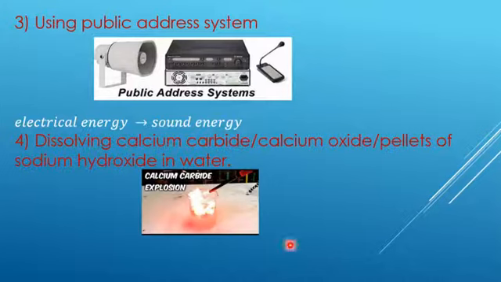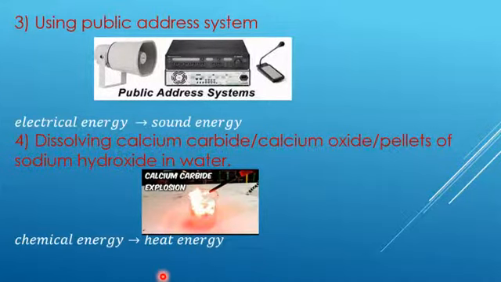Okay, now let's check. Before we put the energy transformation, this is an example. This is a beaker containing water into which the calcium carbide has been dropped. There will be a violent reaction, and a little spark will generate a lot of flame. So what is the form of energy being transformed here?